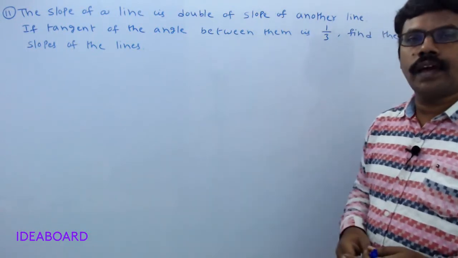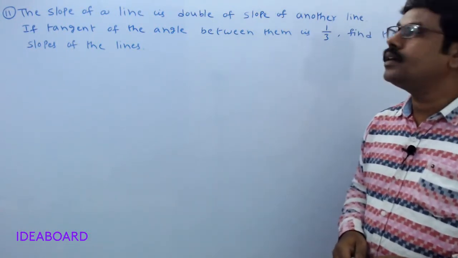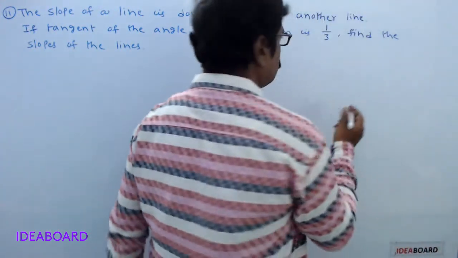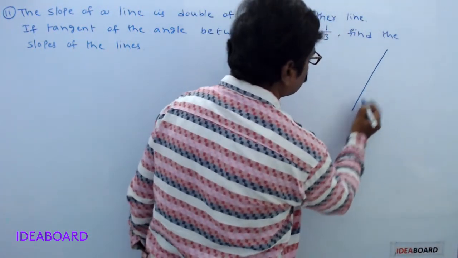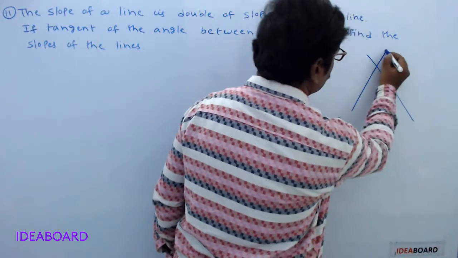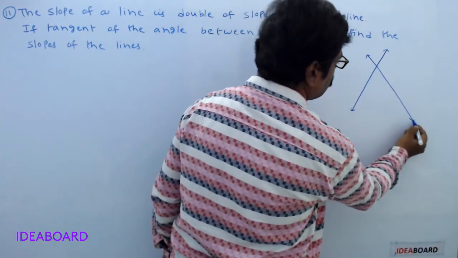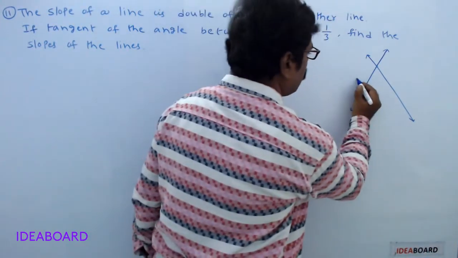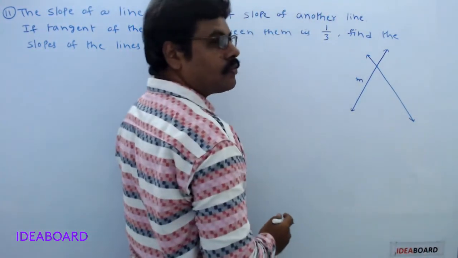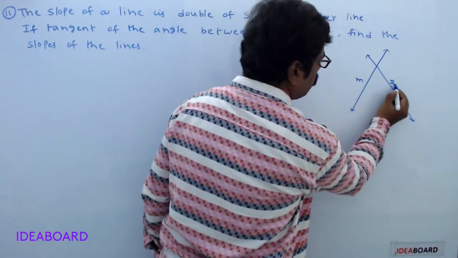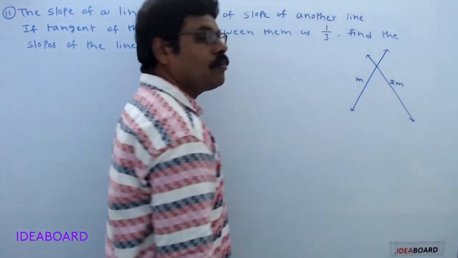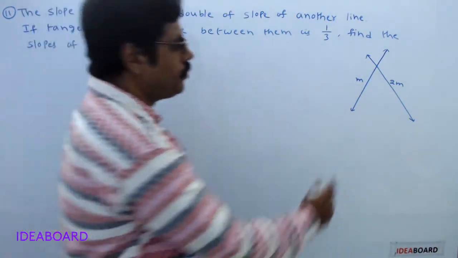Now draw a rough diagram related to given data. Suppose this is the first line, this is the second line. Let m be the slope of the first line, then 2m is the slope of the second line.